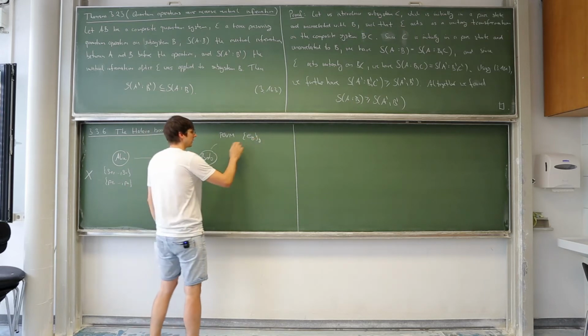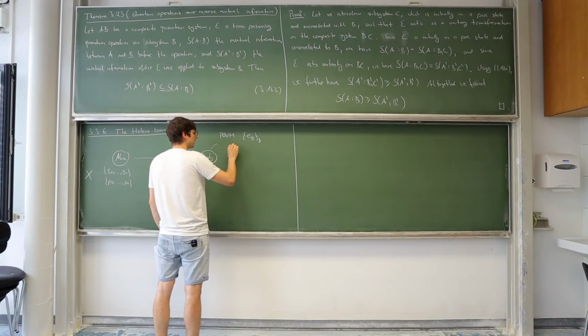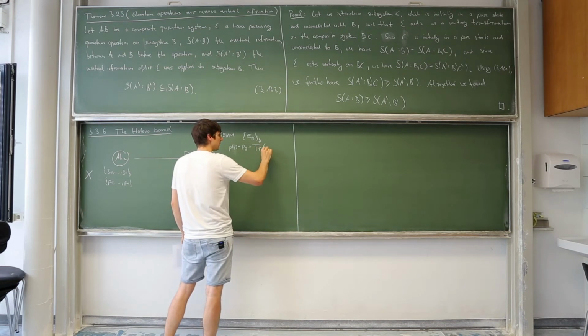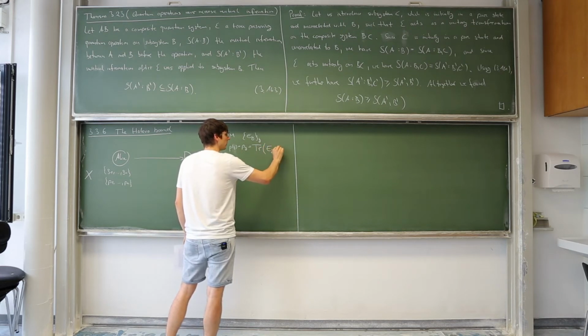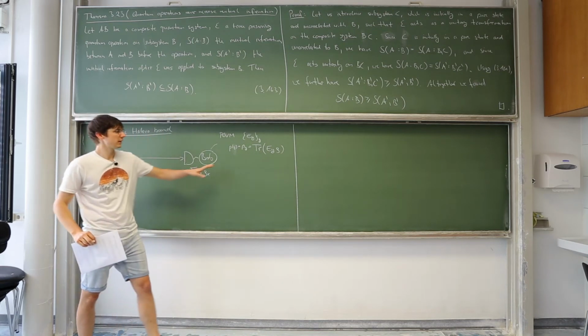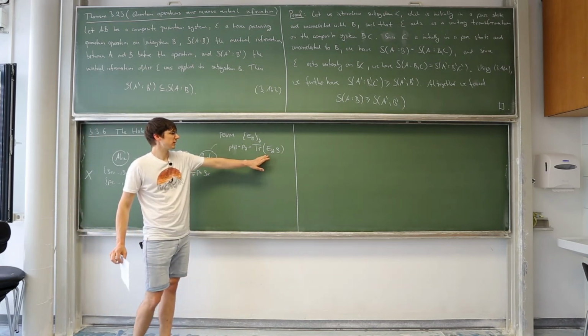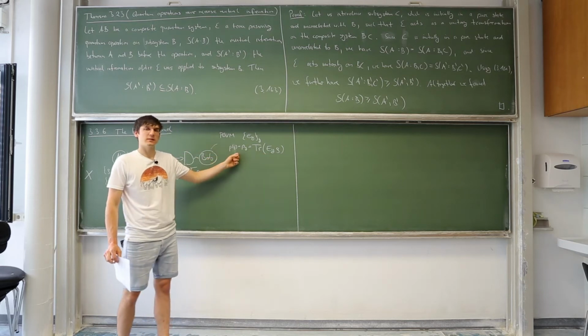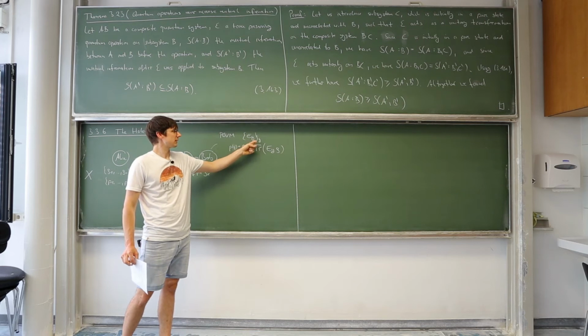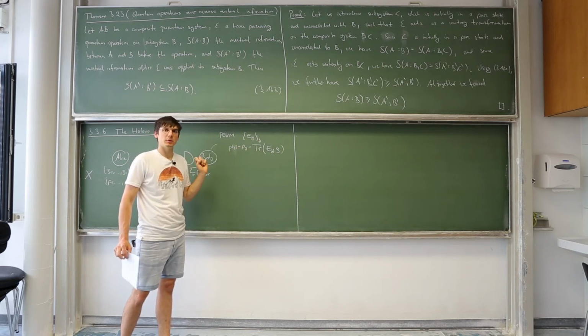Then he gets the probability for the outcome y, which is the trace of E_y rho, because rho is the state that he gets and these are the measurement operators. This gives us the probability that he gets the outcome corresponding to the measurement operator y.